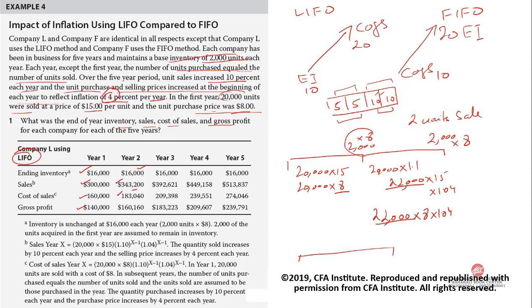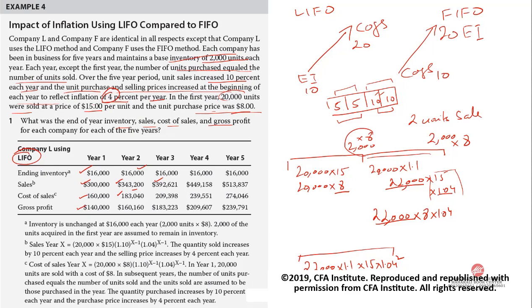In the third year again, our sales would be 22,000 multiplied by 1.1 into 15 into 1.04 raised to power 2, because this 15 in this year grew by 4%. In the third year it will also grow by 4%. So 22,000 multiplied by 1.1 into 15 into 1.04 into 1.04 gives you 392,621, and the cost of goods sold would be 22,000 multiplied by 1.1.